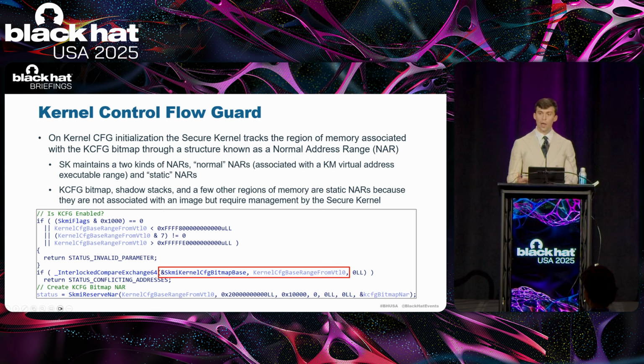Typically, this comes through every kernel mode load image, post-bootloaded drivers, resulting in a NAR being created, which contains the range of memory associated with all of the executable code of that image. But we also have special items which are not directly tied to a kernel mode image, such as the CFG bitmap or the shadow stacks. So those are regions of memory the secure kernel needs to know about, and they get what is called static NARs.